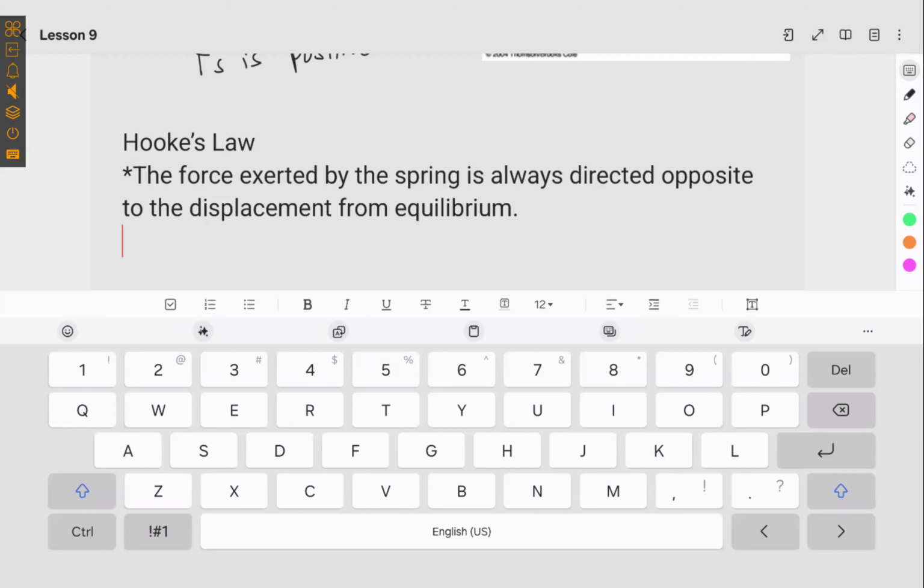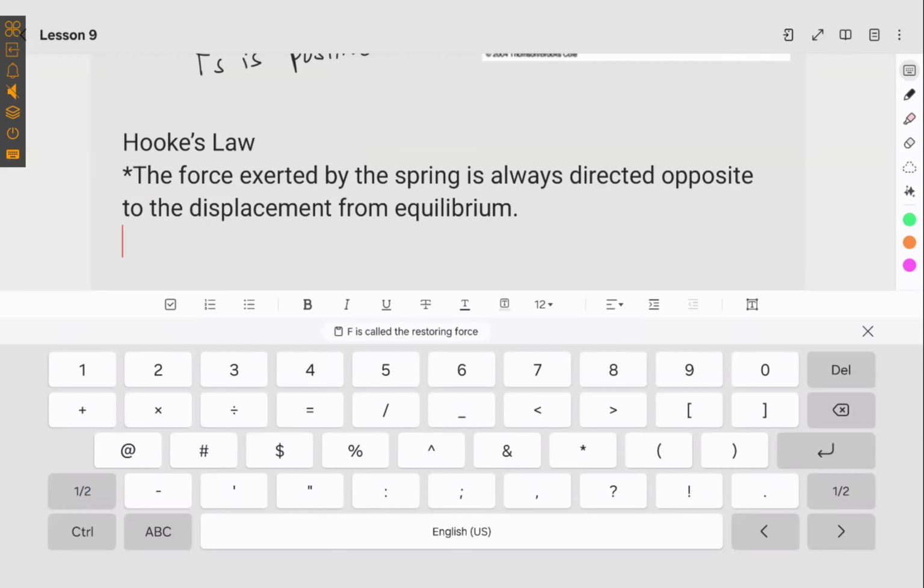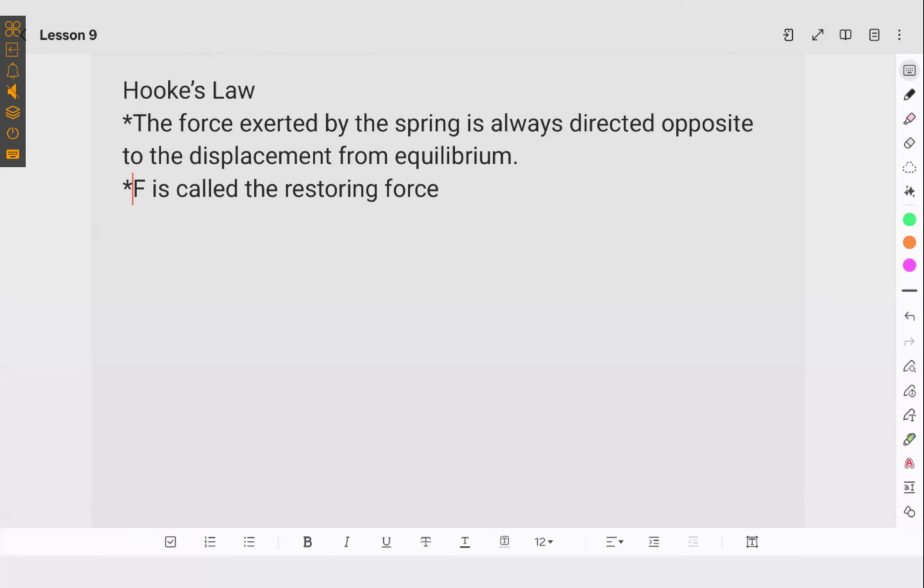So the F is called spring force, or restoring force, sorry.